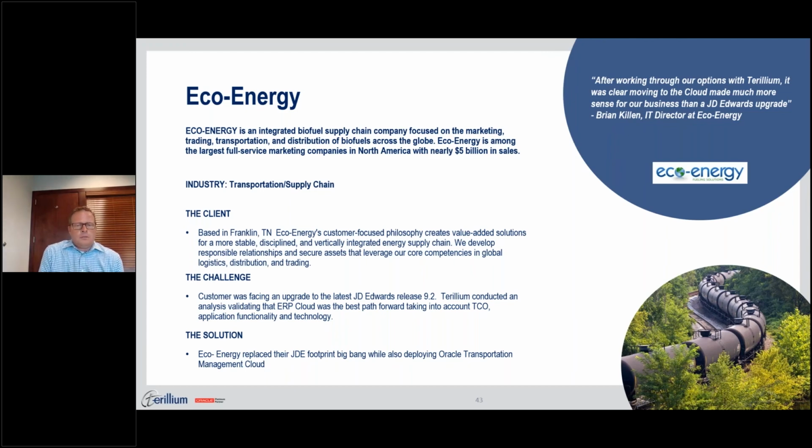They were on JDE 9.1, and they were looking at an upgrade and which direction they wanted to go. They chose to go the cloud route. Really, from a long-term sustainability and business process perspective, the AR OCR functionality led to that, with a positive TCO as they looked at their options.